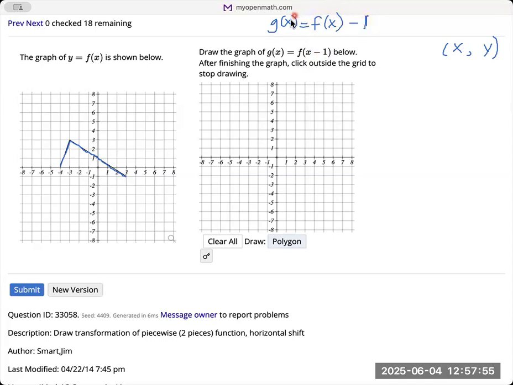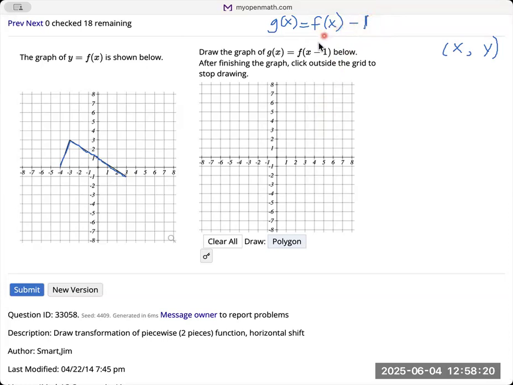From the previous video, we learned that when we subtract on the outside of a function, it simply moves the function. It changes the y coordinates because f of x is equal to y. So it's just saying take the y coordinate and subtract 1, right? It shifted the original graph of f of x up or down, depending on whether this was negative or positive.